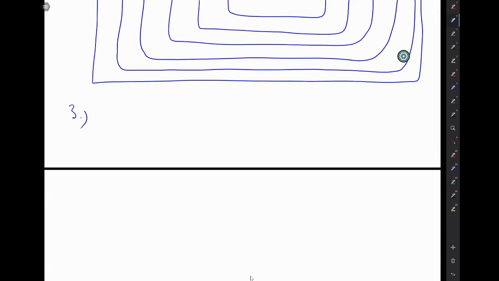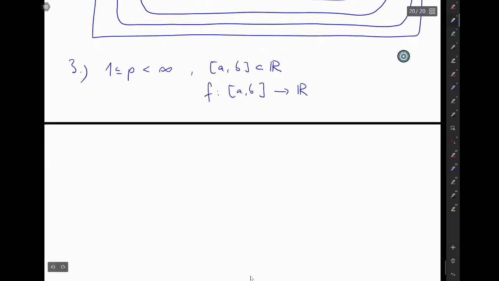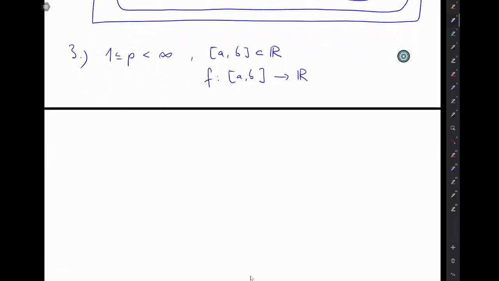So again, you take a parameter p, which is playing the same role as before, and for the moment let's take it less than infinity, and you take an interval, let's say from a to b on the real axis, and you look at functions f from this interval into, let's say, the real numbers, but not just any functions, but functions that have something to do with this parameter p.